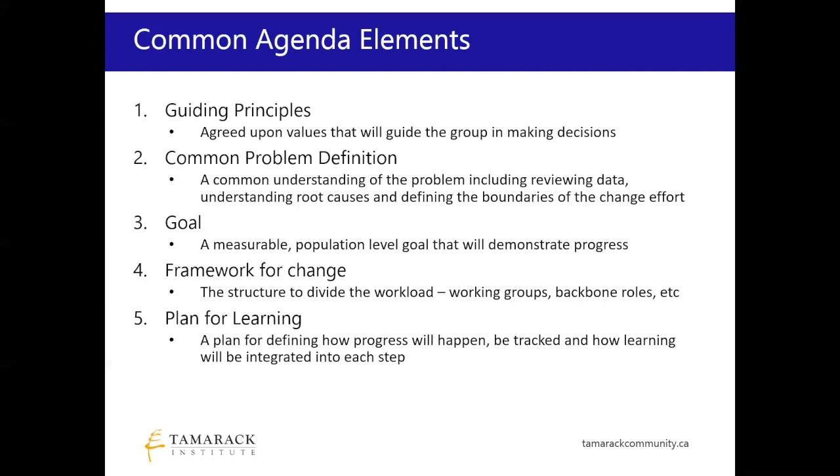If we're thinking about engaging underrepresented youth, and the problem in our community is that a large percentage of the youth, 30% of them, are not graduating high school, then we might want to set a goal that in the next 5 years, we are going to increase the number of youth graduating from high school by 5%. That may or may not seem realistic, but we want to set a measurable population level goal that is realistic for our community.